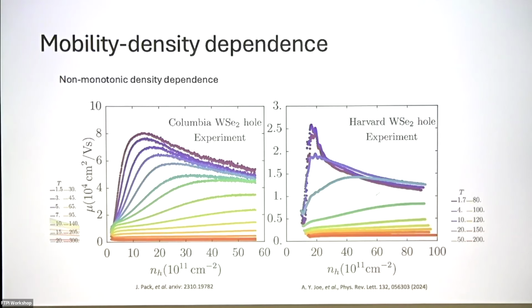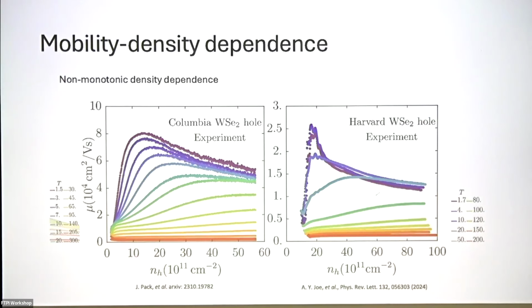Here I show you the experimental data from the Columbia group and the Harvard group. As you can see, one distinction is that for the Columbia data, the lowest density they can achieve is one order of magnitude lower than the Harvard sample.